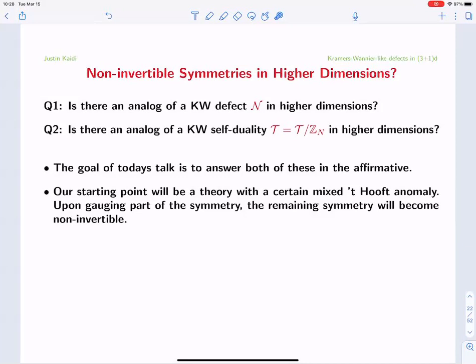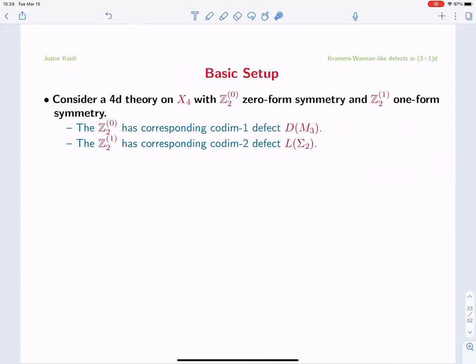Okay, so that's what I'd like to tell you about today. So before getting into the 4D story proper, are there any questions about the motivation or the 2D stuff? Okay. If not, let's talk about the 4D results.